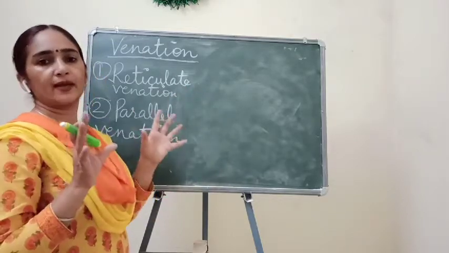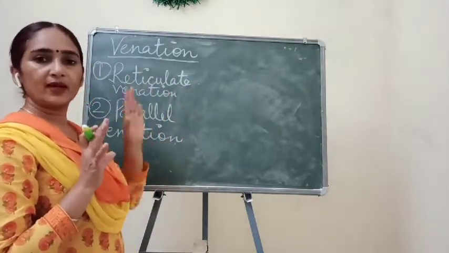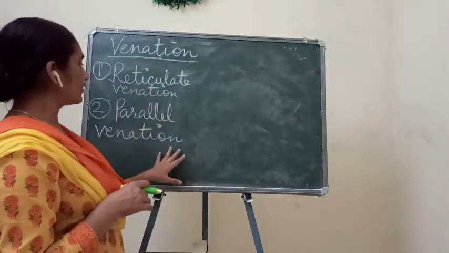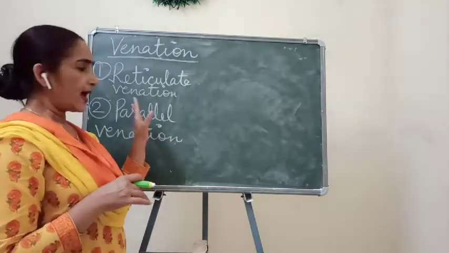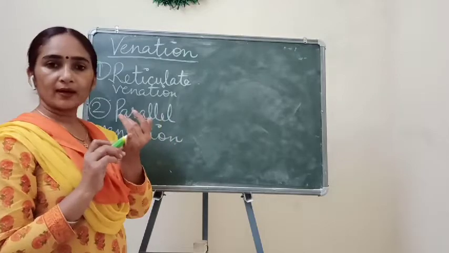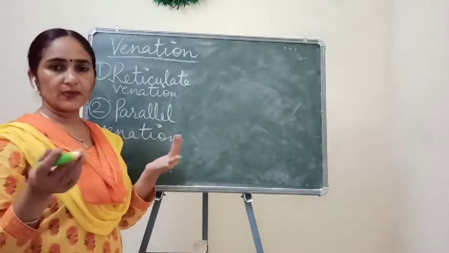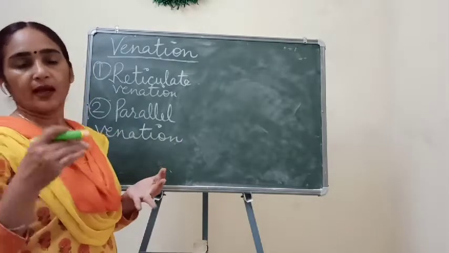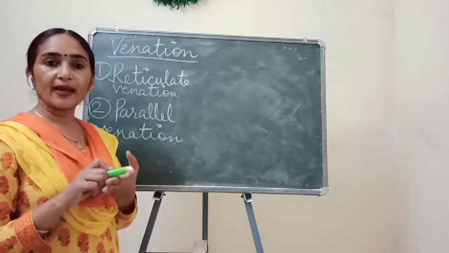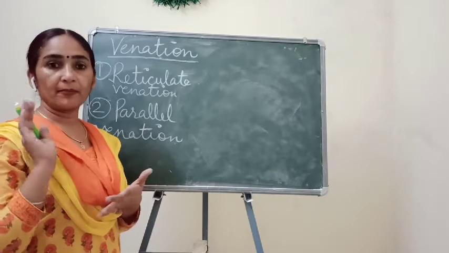Generally leaves have reticulate venation only. But some plants have parallel venation, which you can see in sugarcane leaves, maize leaves, wheat leaves, rice leaves, and bamboo leaves.